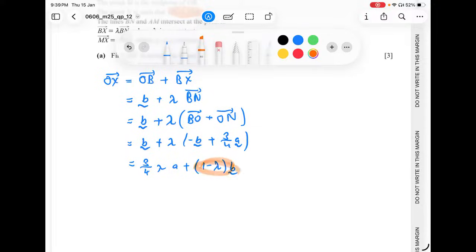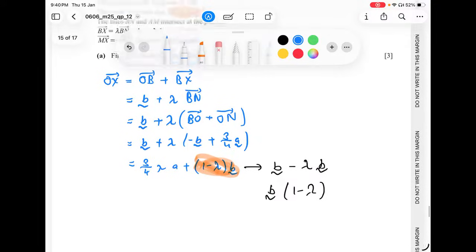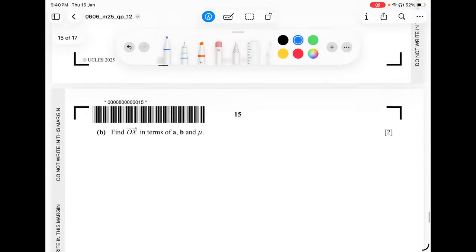So hope you understood this part. If you did not, I'll just write here what we did. B minus lambda B. We brought B outside and then 1 minus lambda. And I wrote it like this. So that's your first part A.